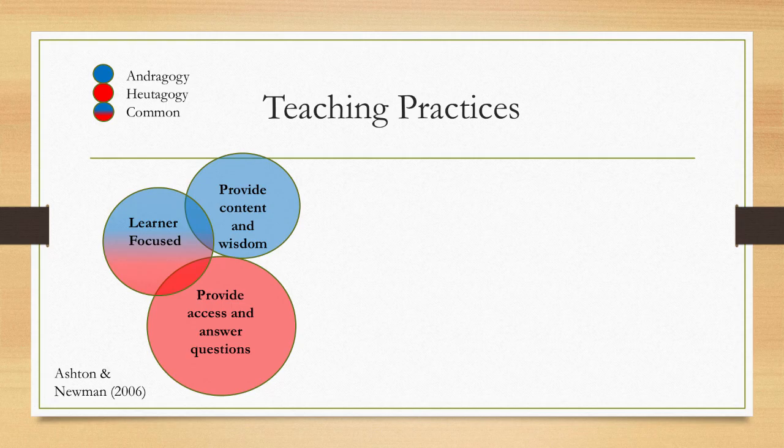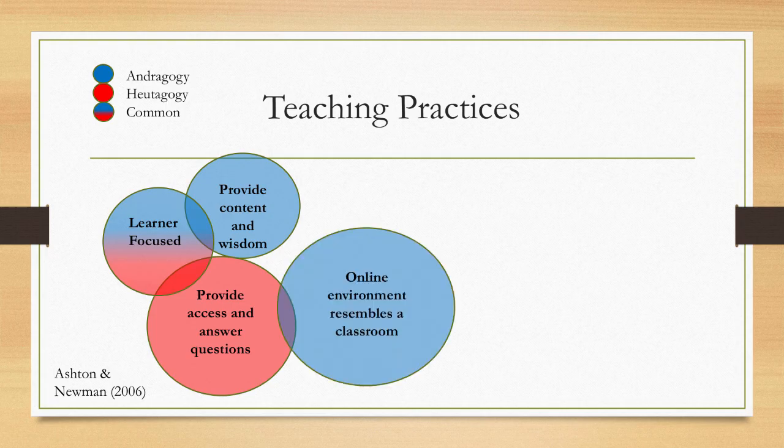They're there to provide access to information and to answer any questions that might come up, whether they be process questions or content questions. But those questions must come from the adult learner in a heutagogical situation. Those activities are primarily on the shoulders of the adult learner, and they're responsible for gaining the content comfort as opposed to gaining content just from an instructor.